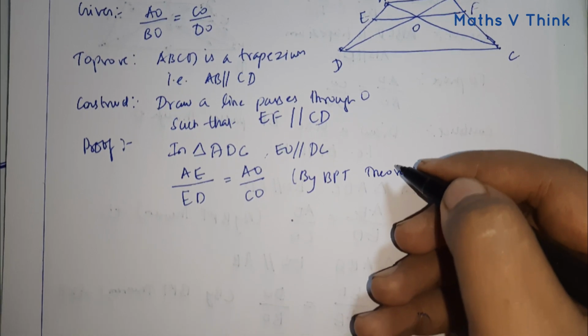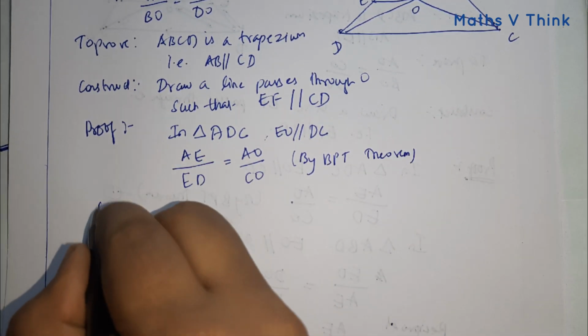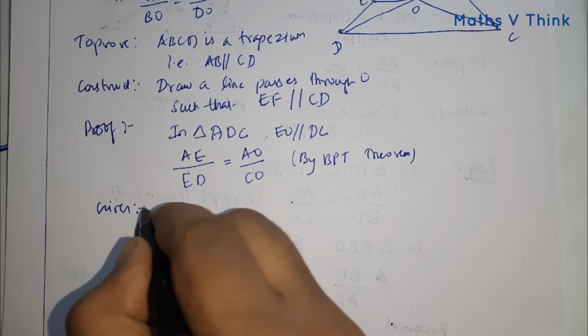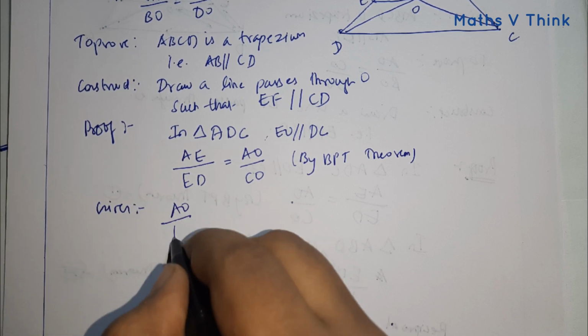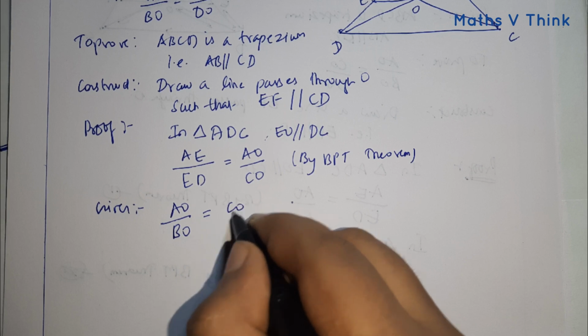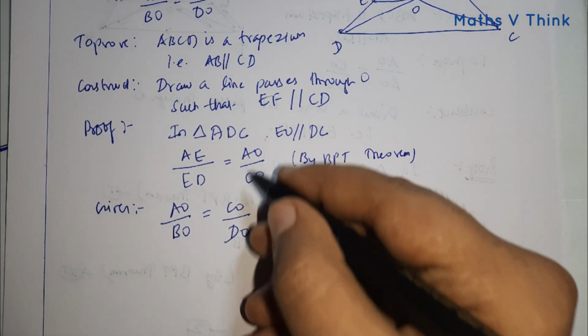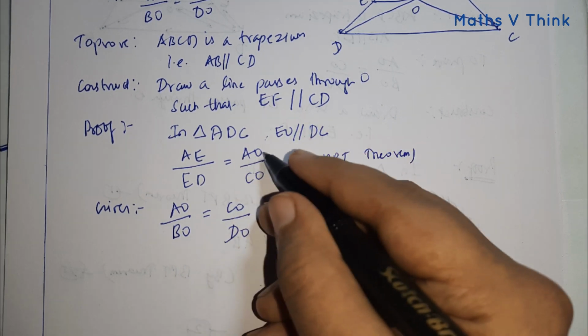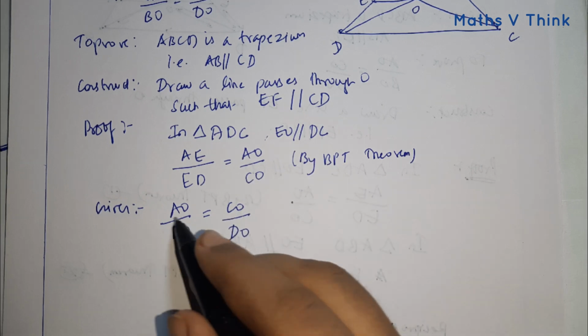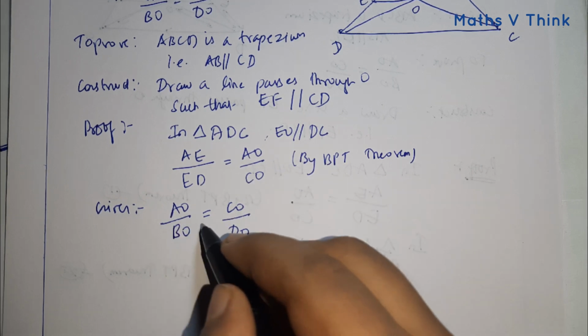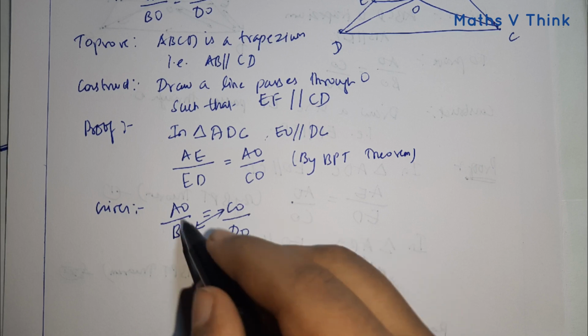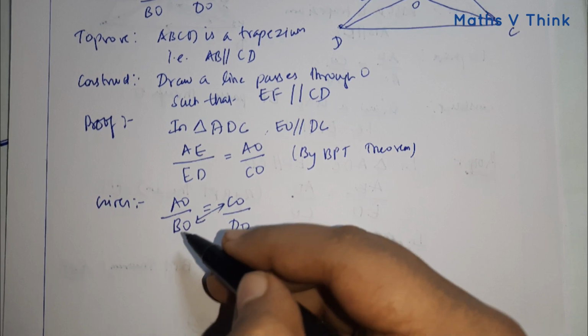Same way, now you need to take the given part. Given is AO by BO is equal to CO by DO. Now when I compare this, here I have AO by CO, but we have AO by BO. When I interchange these both, can I get AO by CO?